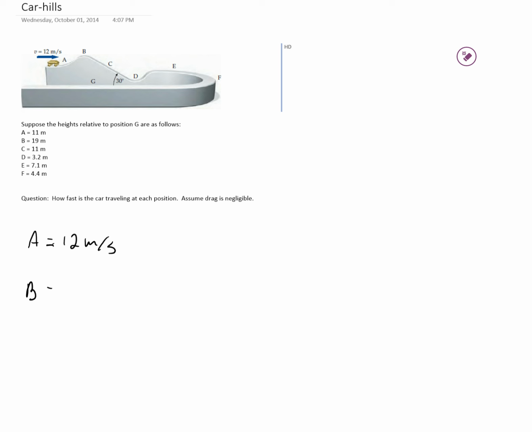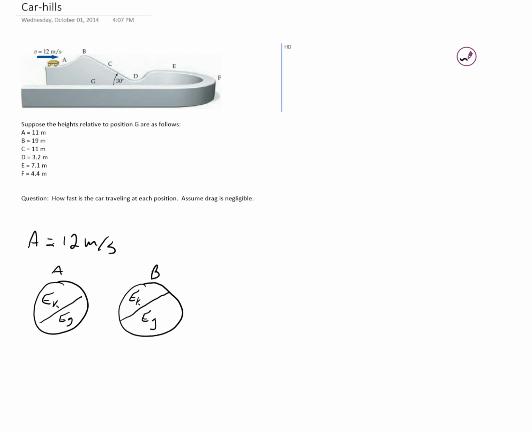So let's draw an energy diagram at position A and an energy diagram at position B. At A, we have kinetic energy and gravitational potential energy. At B, we're probably going to have kinetic energy and gravitational potential energy, but we'll find out for sure.